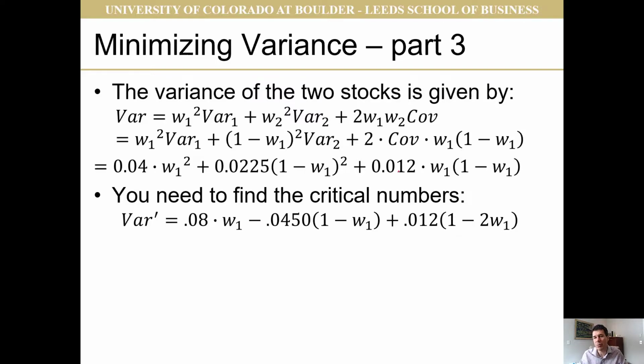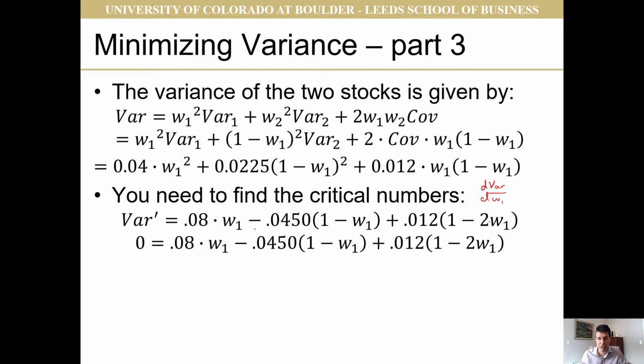And then the derivative of the last function is 0.012 times (1 minus 2W1). Because we multiply this together, this is W1 minus W1 squared, and the derivative of that becomes 1 minus 2W1. So we are taking the derivative d var dW1, because that's what we're interested in changing. We set this to 0.